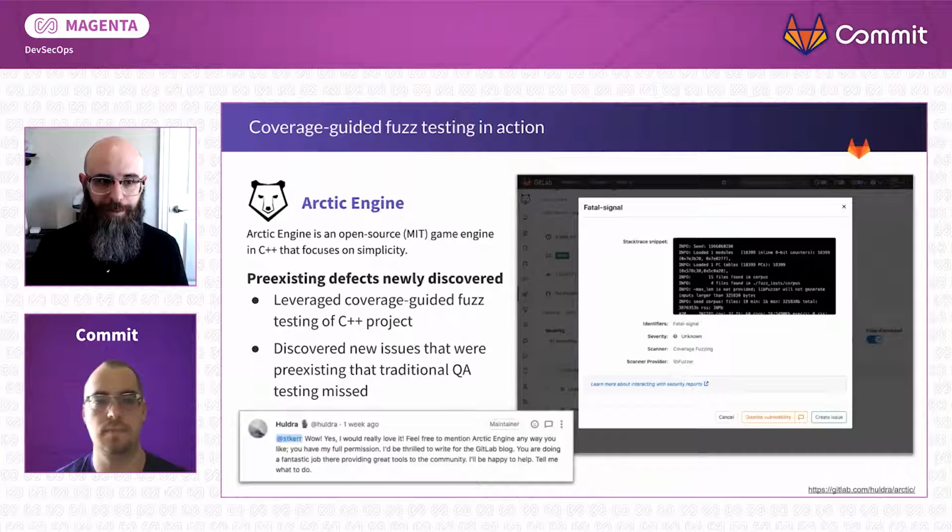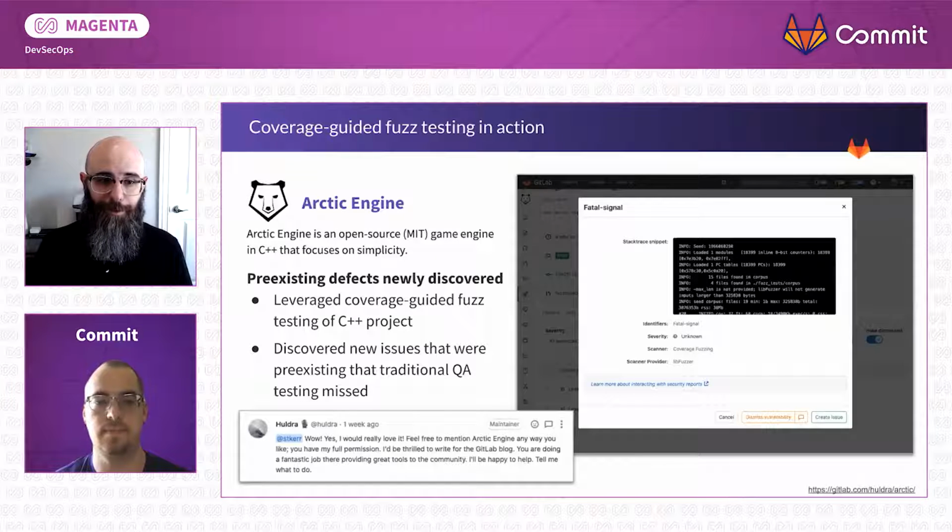Arctic Engine is an open source game engine that's written in C++. We rolled out coverage-guided fuzzing at GitLab only a couple of days before this customer reached out to us, excited about it. They were able to use our C++ coverage-guided fuzzing and found issues that have actually been in the application for a while.